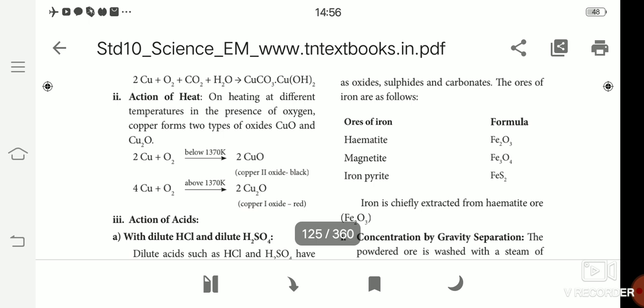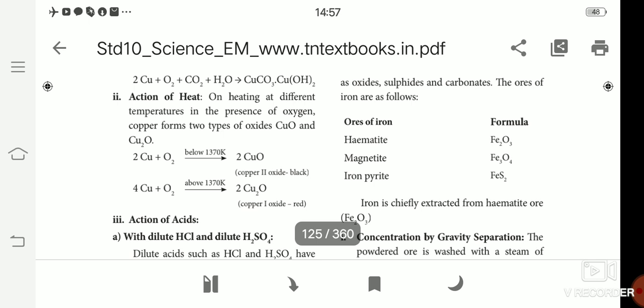In the second reaction, nitric acid, nitric oxide is liberated. So copper reacts with HNO3 to give the product copper nitrate, Cu(NO3)2, then nitric oxide is liberated and the water molecule is removed.